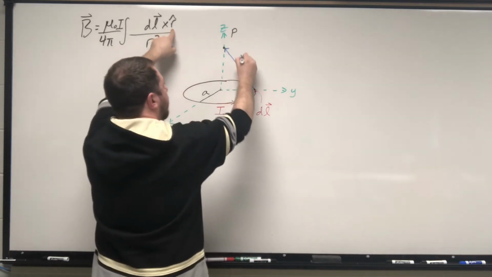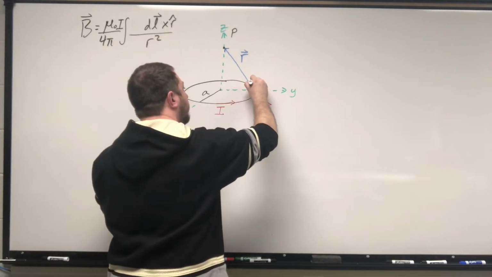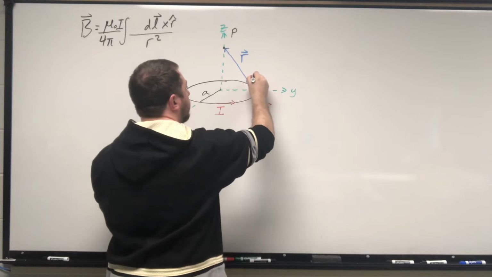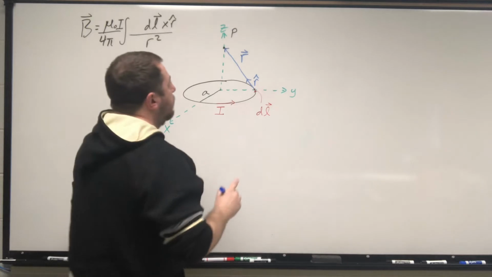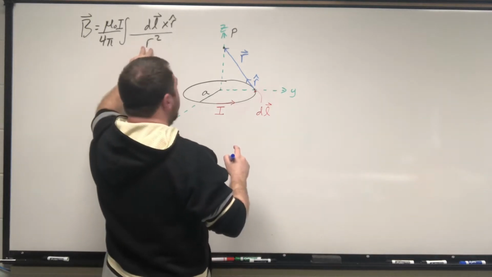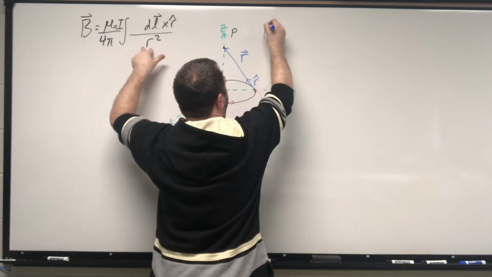So there's my r vector, and r hat is the unit vector along that direction, okay? I can immediately get my r squared value from the magnitude of r.